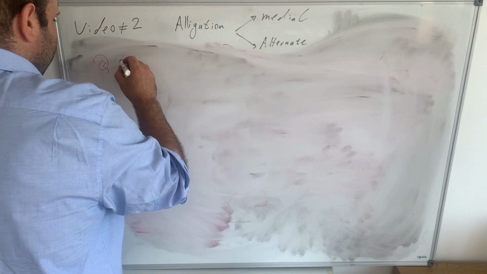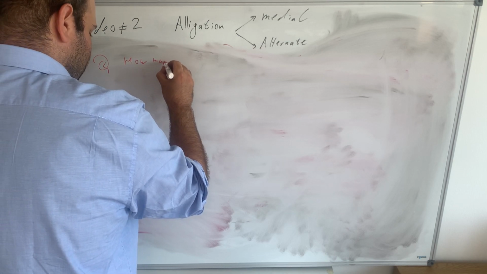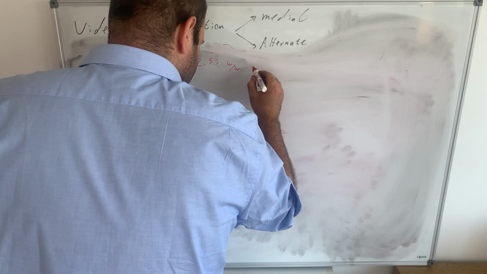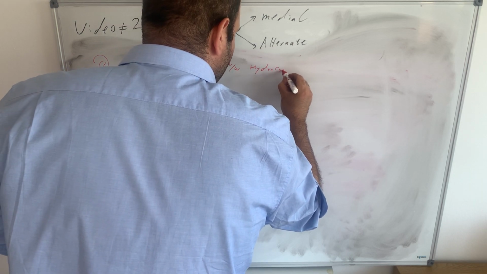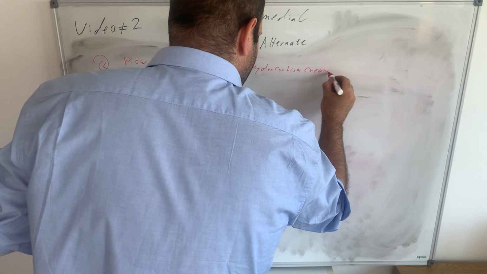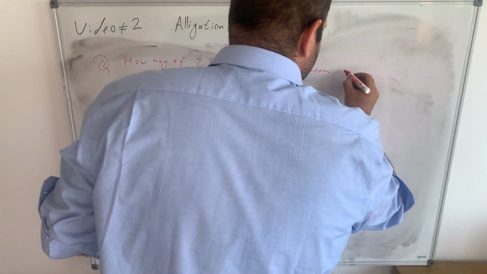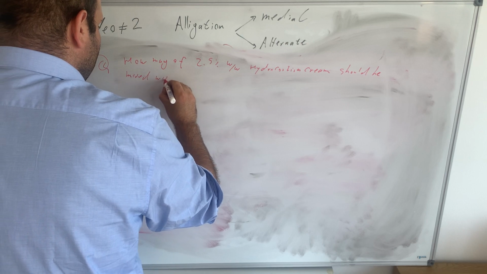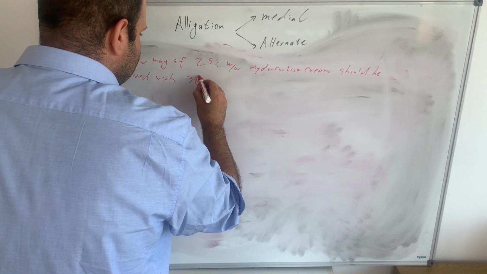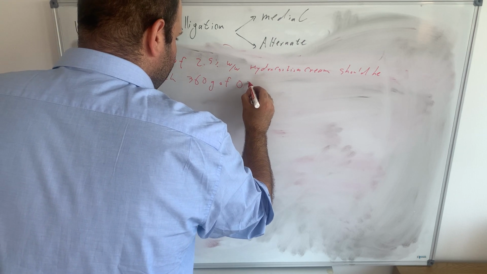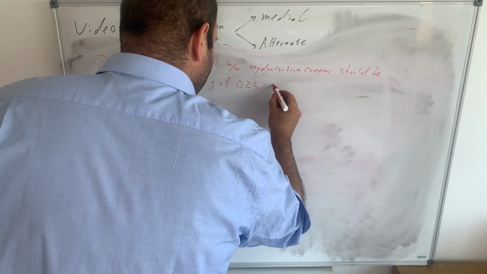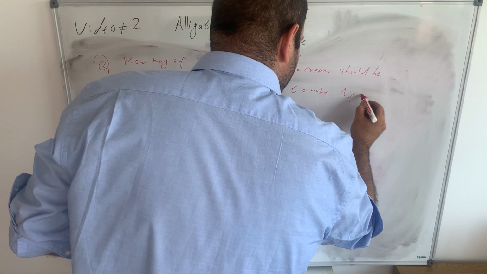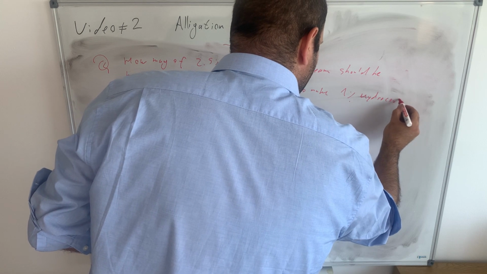So, question one. It says, how many grams of 2.5% weight per weight hydrocortisone cream should be mixed with 360 grams of 0.25% weight per weight to make 1% hydrocortisone cream.